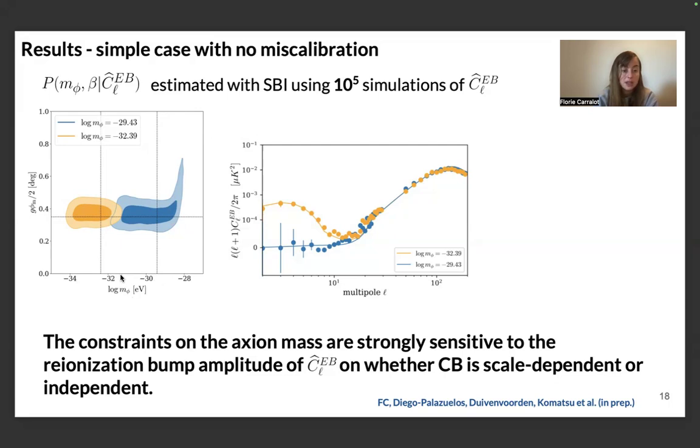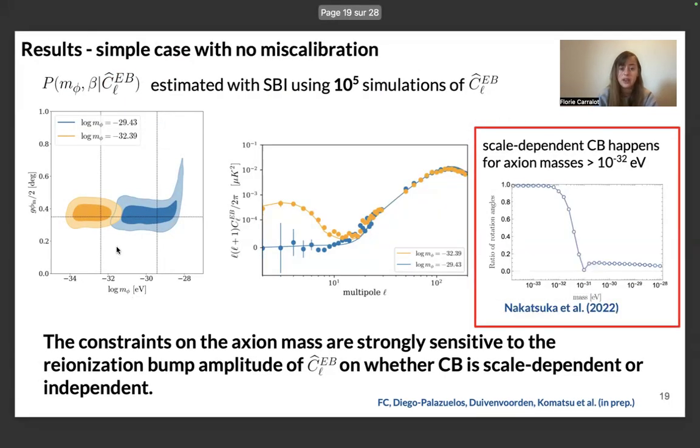And especially we see that there is a kind of limit at 10 to the minus 32 eV. In the beginning I said that the limit between dark energy and dark matter scenario is at 10 to the minus 33 electron volt, but in reality, masses below 10 to the minus 32 are not sensitive to a scale-dependent cosmic birefringence effect.